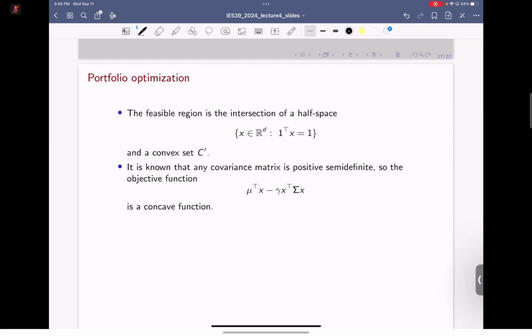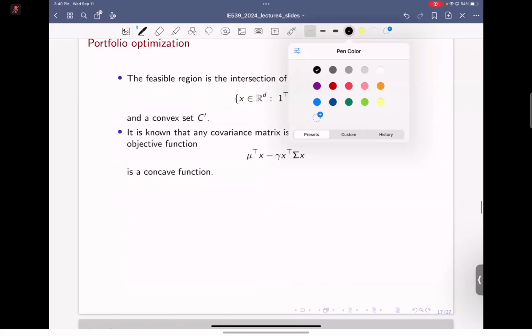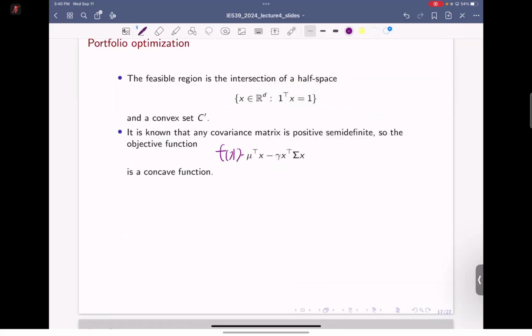So it becomes a negative semi-definite matrix. This is not a convex function. Let me write it down. So this is f of x. The Hessian of f is minus 2 gamma sigma, and this is negative semi-definite.